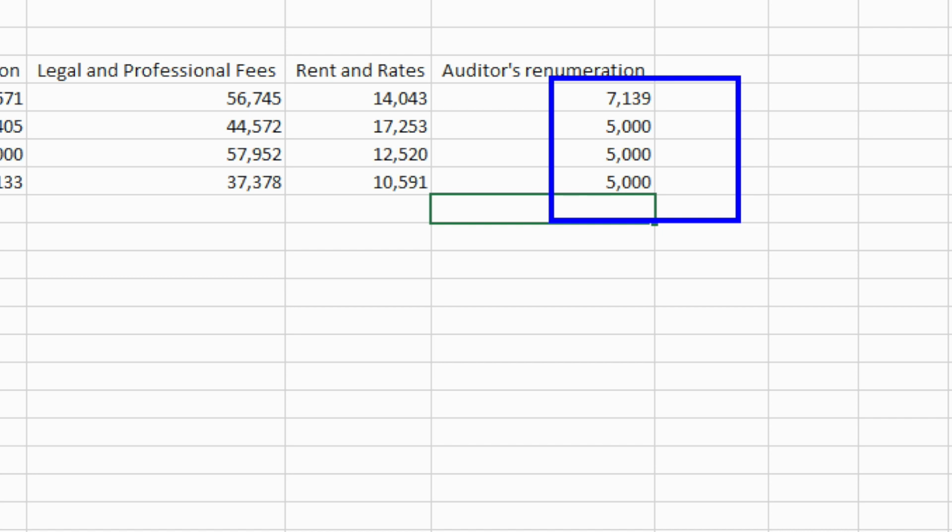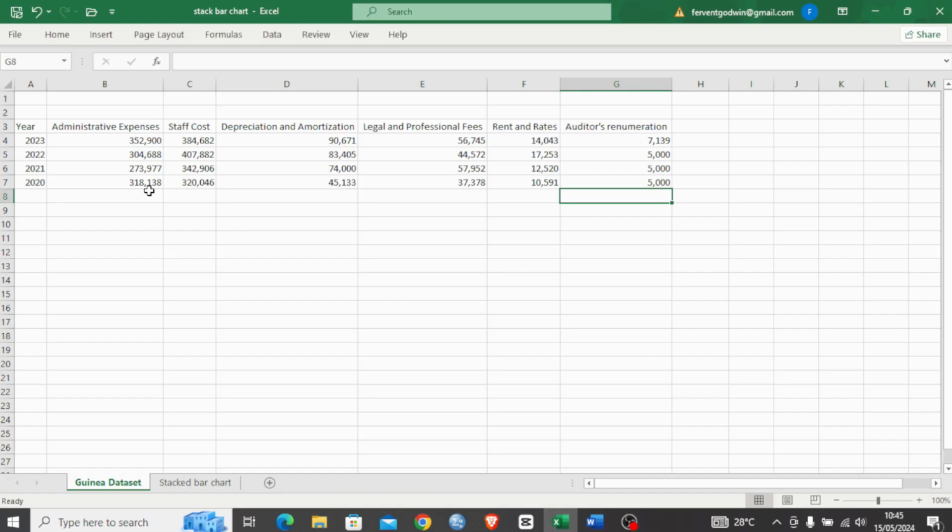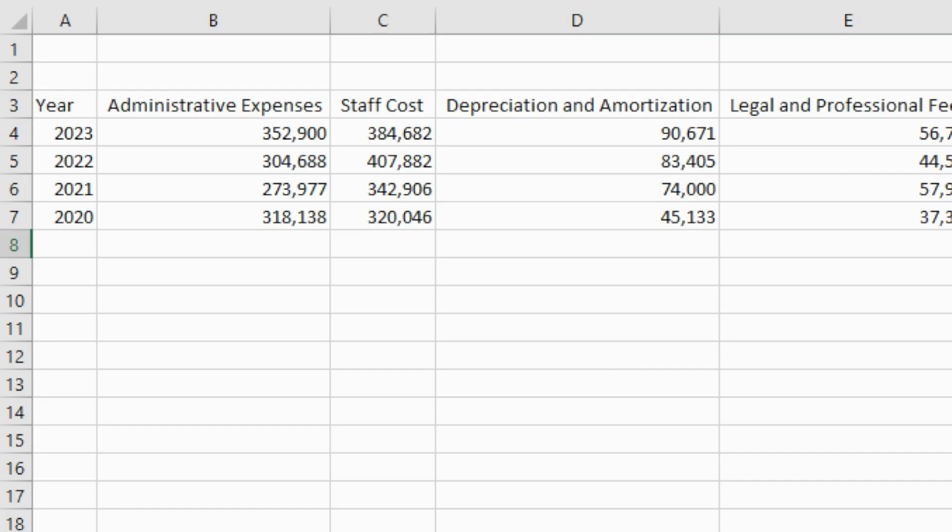Now all these amounts of money are actually in thousand naira. So the administrative expenses for 2023 will be 352 million, while the administrative expenses for 2020 will be 318 million. So let's take that into consideration.